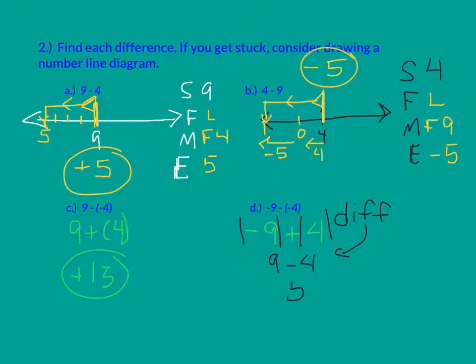I know that gives me 5. And then I take the sign from the larger absolute value. So I look here, the larger absolute value would be 9. So therefore, I take the sign from the 9 before I took its absolute value. So that would make my final answer -5.